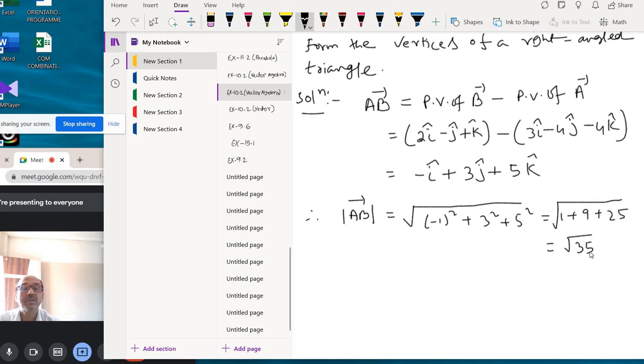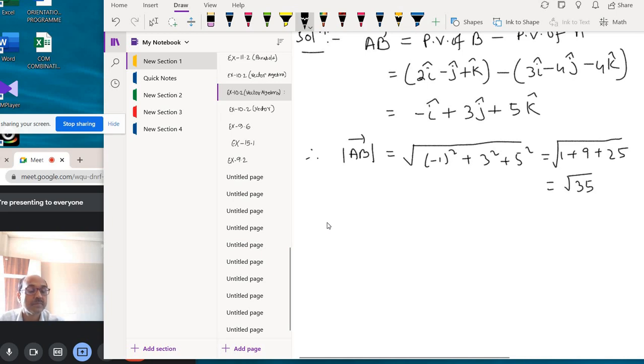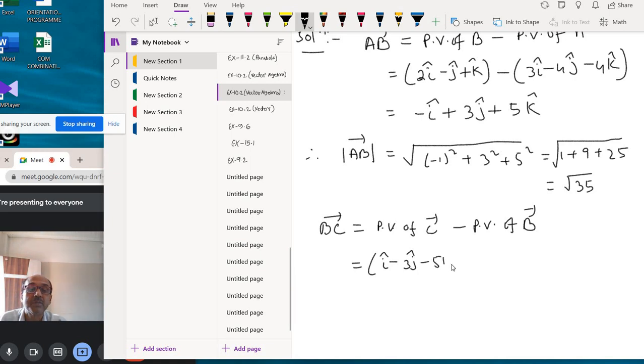Okay. Now vector BC equal to position vector of C minus position vector of B. Okay, so this equal to position vector of C, that is i minus 3j minus 5k, minus position vector of B, that is 2i minus j plus k.